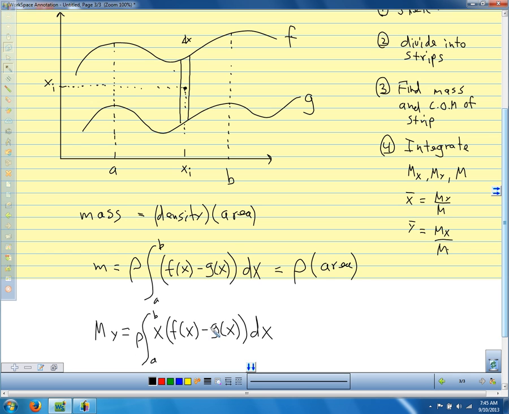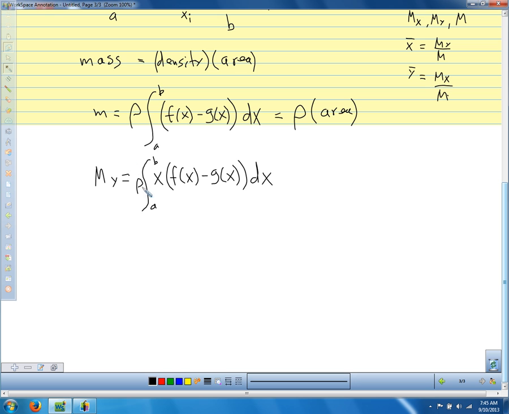So the density times the area is the mass of the little rectangle. X is its distance from the y-axis, and that's our integral for the moment about the y-axis: rho times the integral from A to B of x times f of x minus g of x dx. F of x minus g of x dx is just the area of that little rectangle.